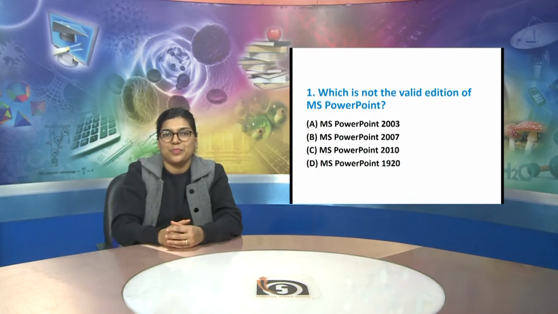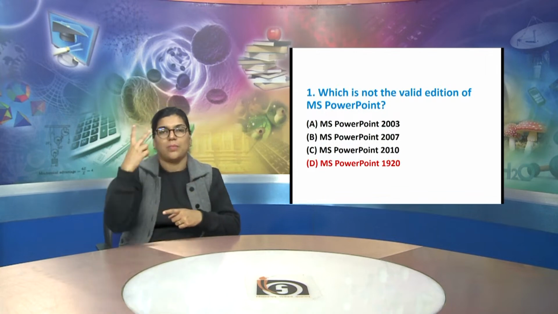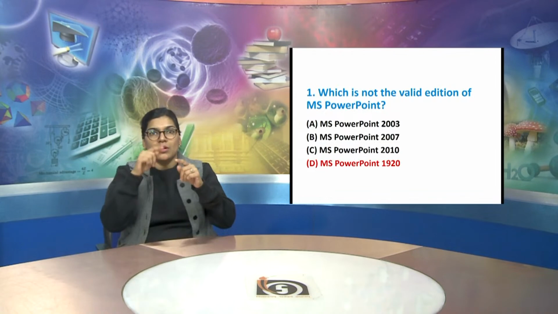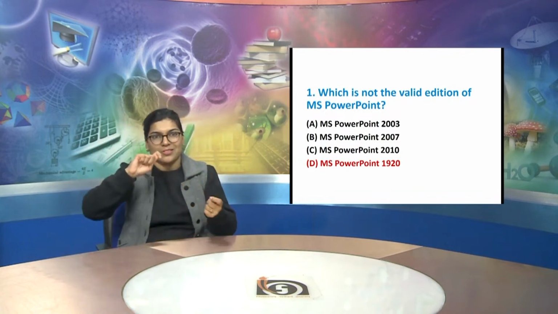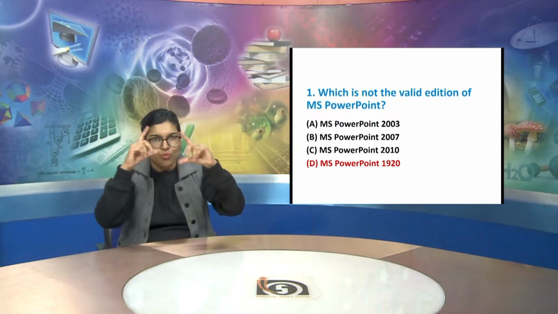D, MS PowerPoint 1920. You have to choose the right option. So you can see D is the correct option, MS PowerPoint 1920. So MS PowerPoint 1920 is not a valid edition of MS PowerPoint.